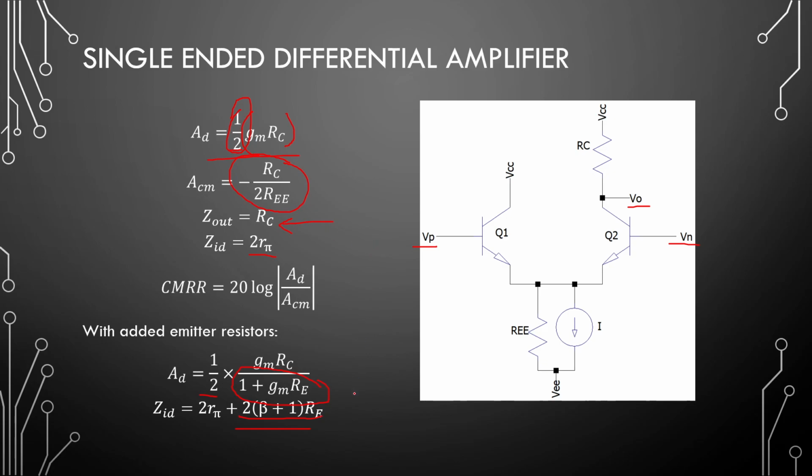Right. Same with the emitter resistor being added. And your input impedance needs to be double. So, very, very similar to the common emitter amplifier. Right, let's go have a look at our simulations.